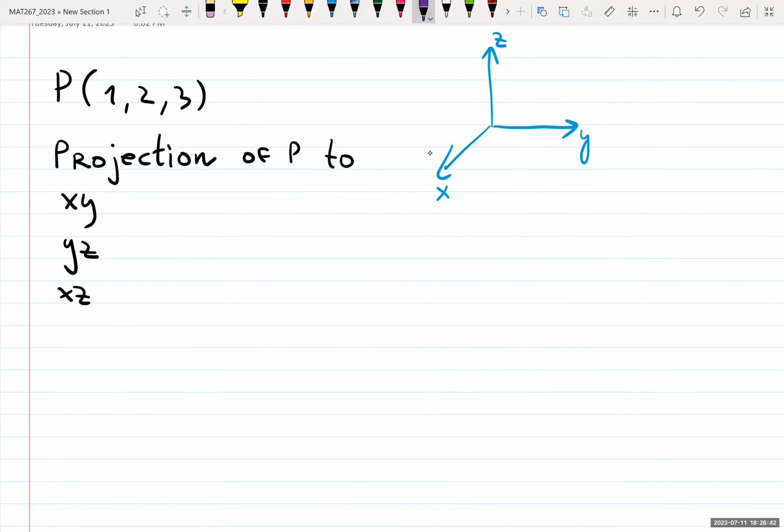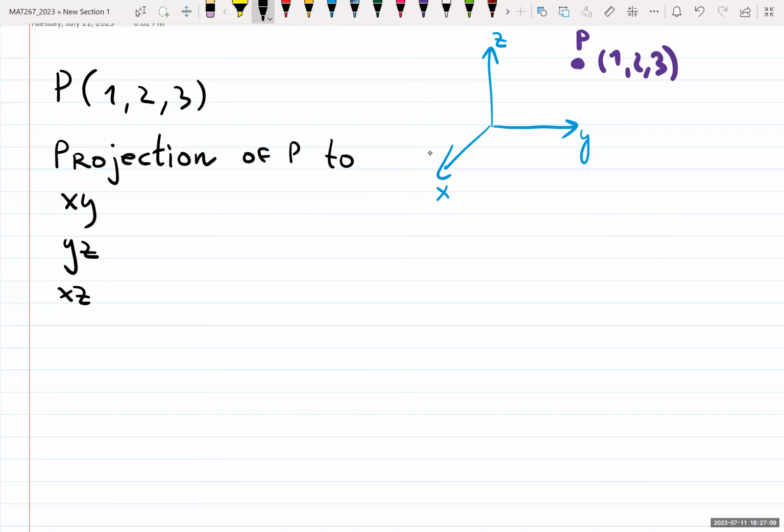And then there's a P, so imagine it's flying, with coordinates 1, 2, 3. Do you know what the projection of that point on the plane XY is? Imagine it's on the floor. Whatever the floor is, that's XY. And then you see, so, what is it going to be?